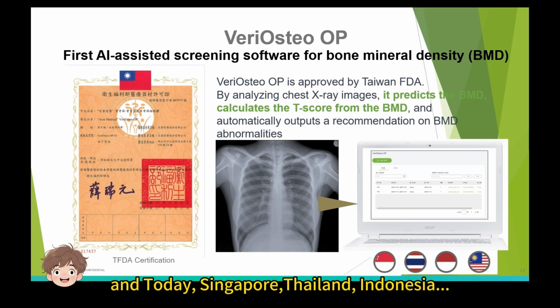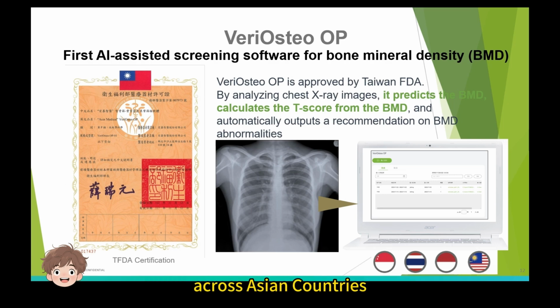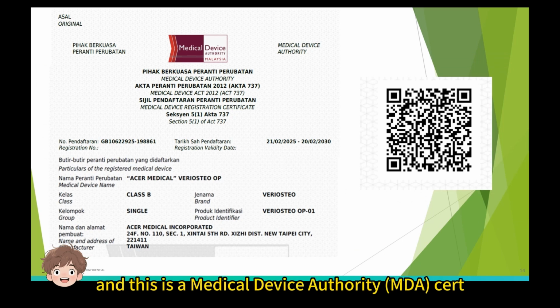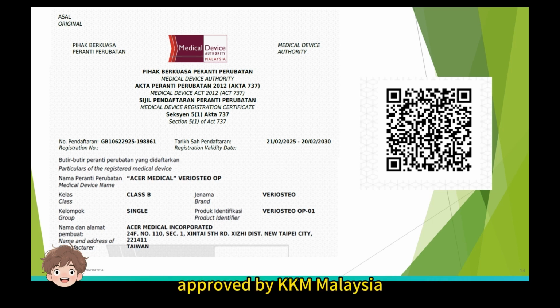And today, Singapore, Thailand, and Indonesia have also received the cert, so it's starting to be used across Asia. We also have a paper publication which we will share in the link later. And this is a medical device authority cert approved by KKM Malaysia.